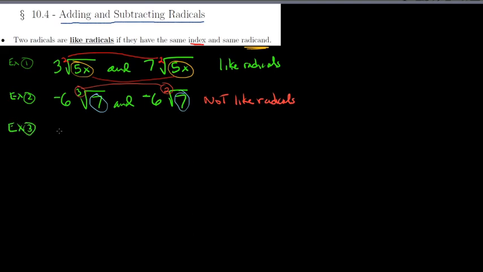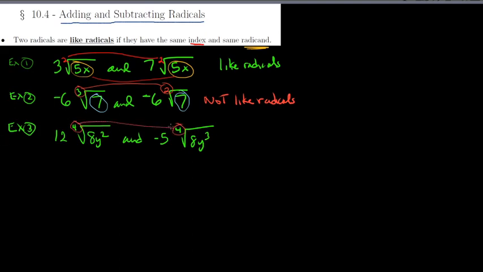Okay. Let's say I have 12 times the 4th root of 8y squared, and let's do negative 5 times the 4th root of 8y cubed. So notice that in this case, the index is the same.